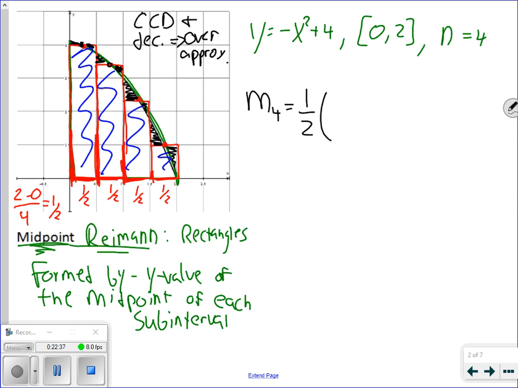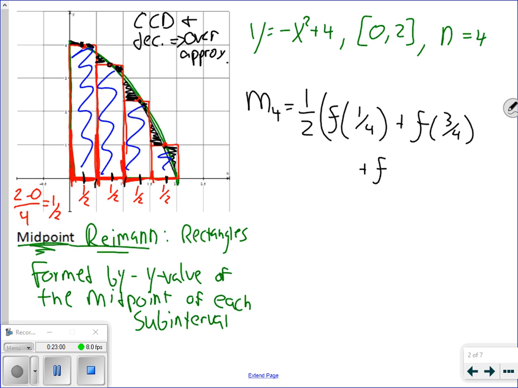So we got these 4 heights, which are halfway between these x values, which I kind of already discussed. Halfway between 0 and 1/2 is 1/4, right? And halfway between 1/2 and 1 is 3/4.